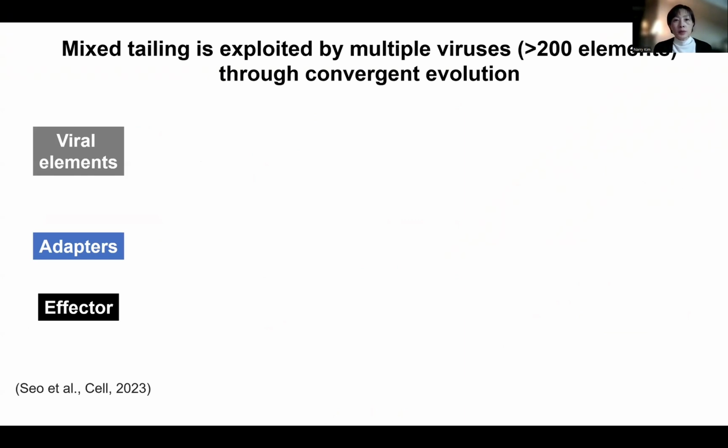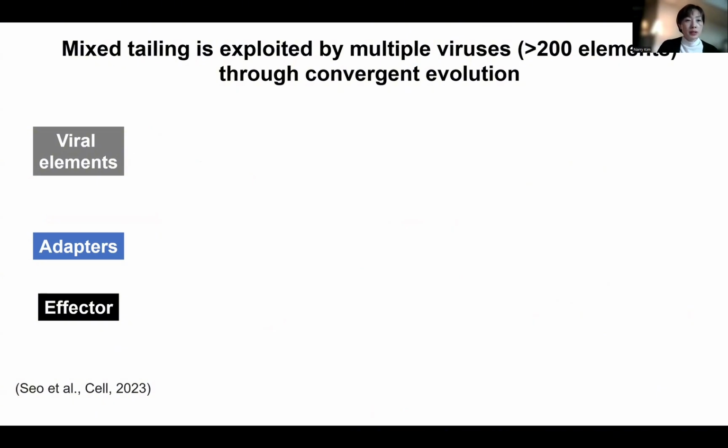I don't have time to show additional data, but we recently did extensive studies on viral elements and found more than 200 viral elements that converge onto TENT4 and mixed tailing.